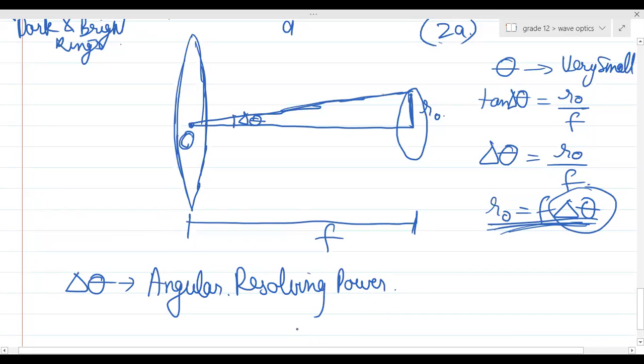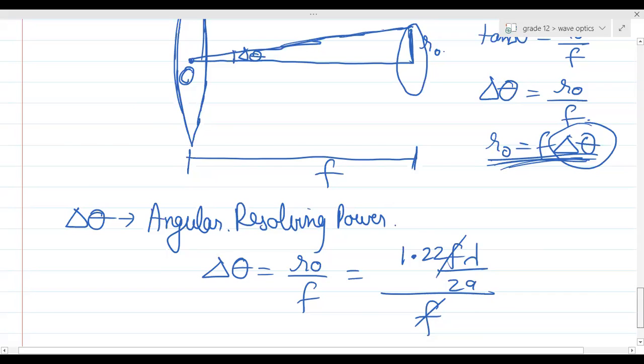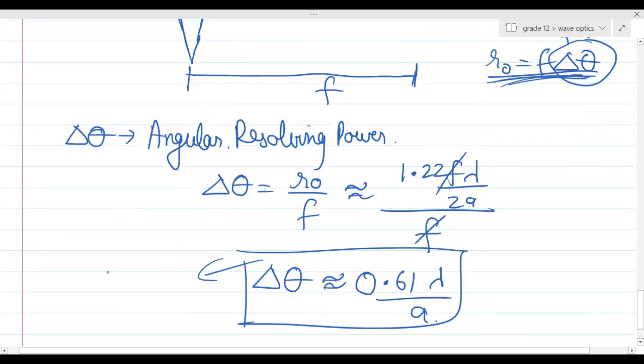So delta theta is equal to R naught by F, and we just wrote R naught is basically 1.22 F lambda by 2A. So can you see, guys, delta theta is approximately, everything is happening in approximation, 0.61 times lambda by A. Remember this, this is your resolving power.